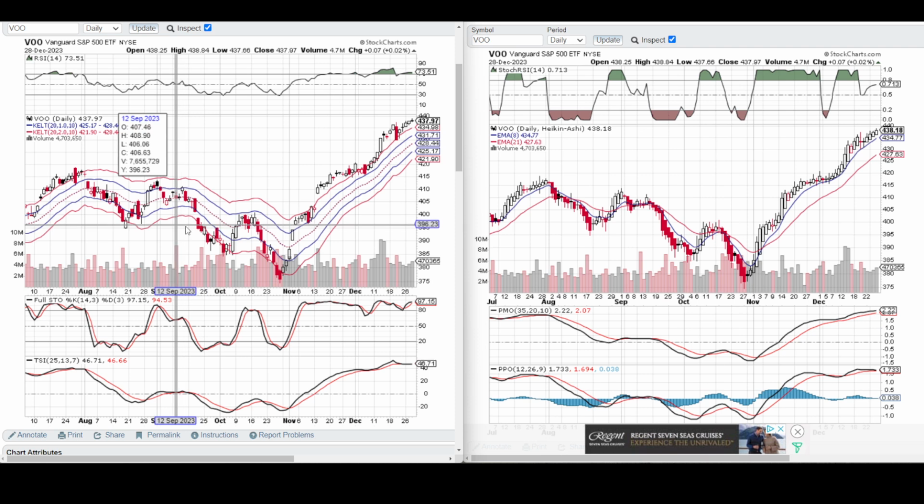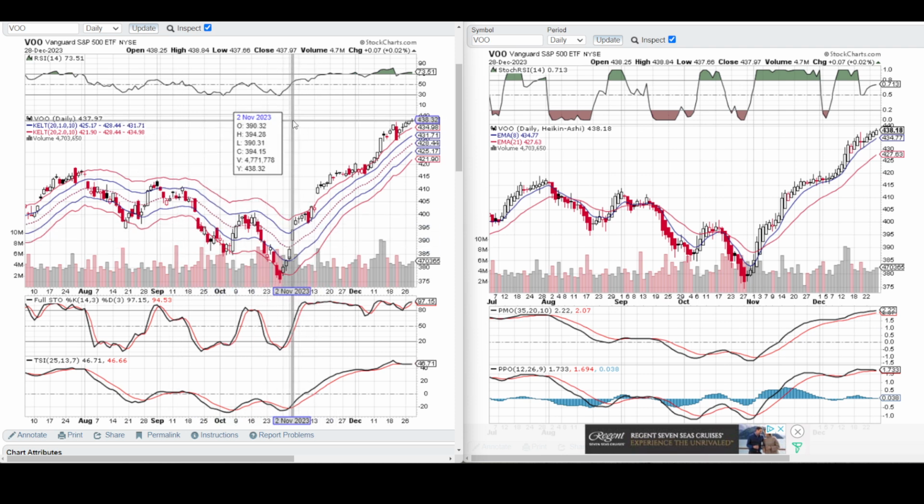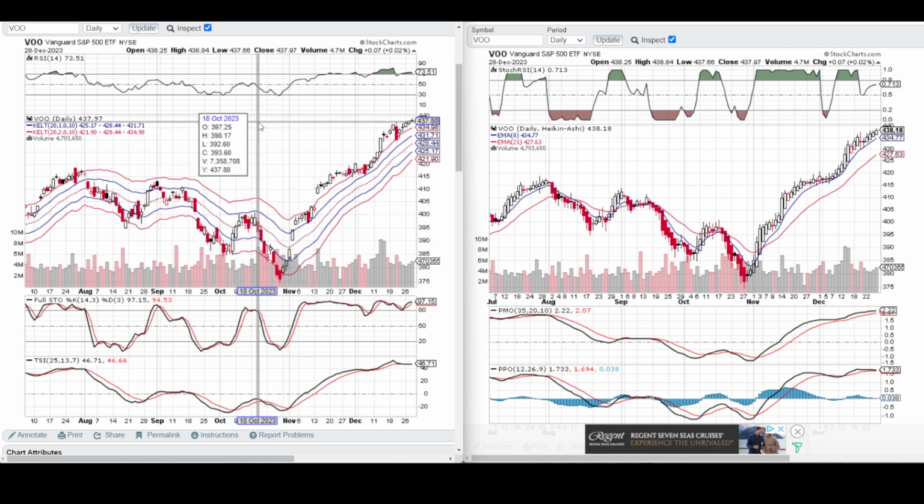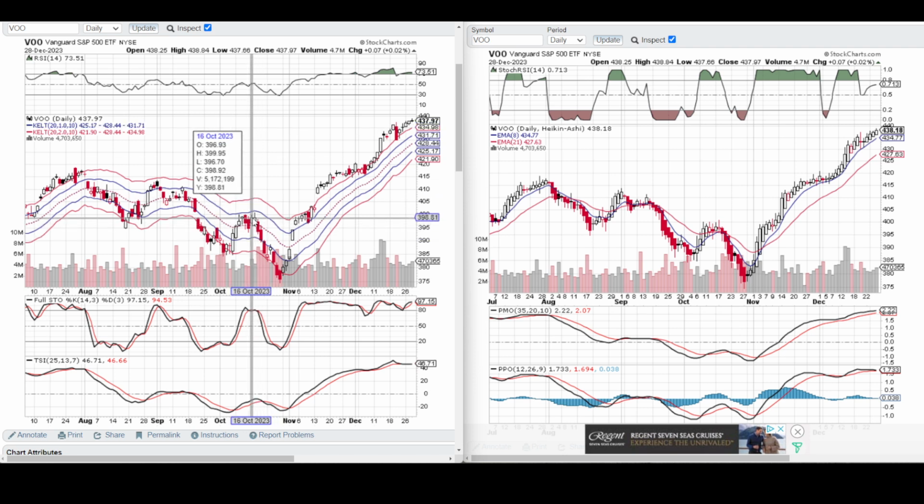So let's take a look at the chart on the left, what happened on October 18th. See if there's any more indicators that could have told us the stock was coming down. You can see the RSI was starting to drop downward again. You could see the day before, on the 17th, you can see the candlestick just touched the upper blue Keltner.